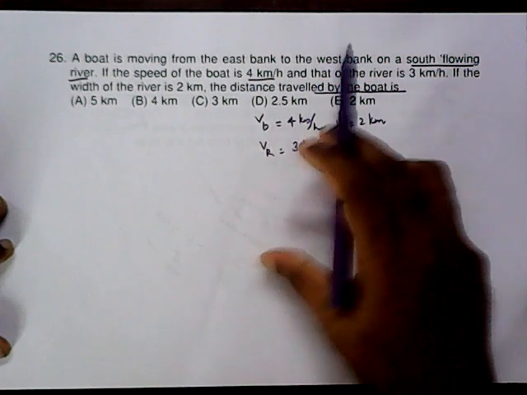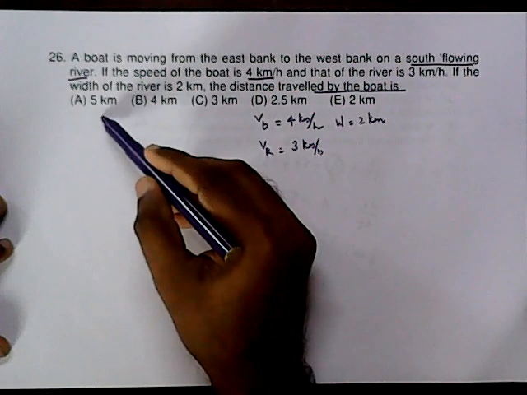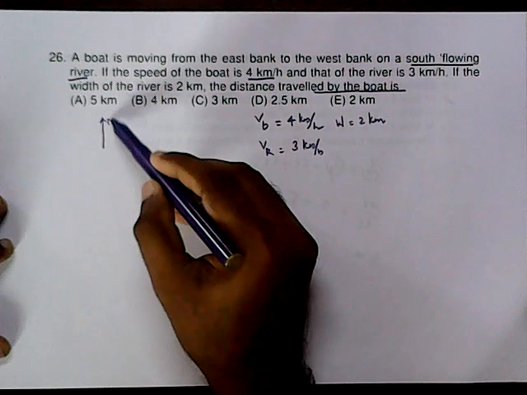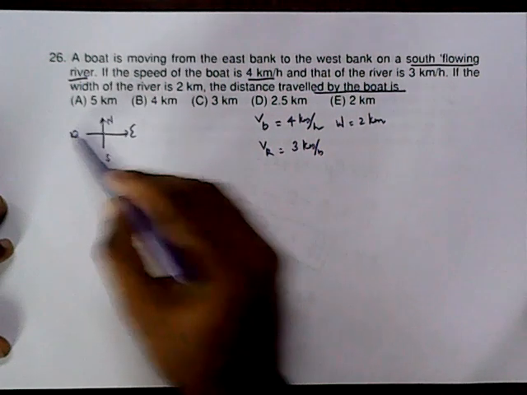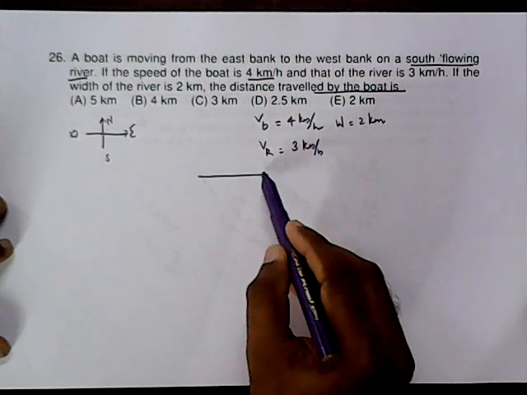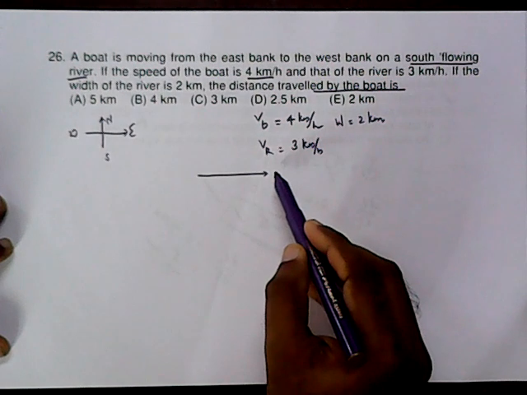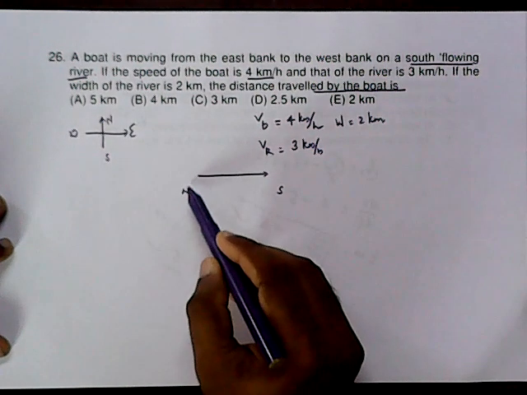So we can at first draw the figure. Usually we know north, south, east, west, but here for comfort, I can take the east direction like this, the south direction like this one, and this is the north.